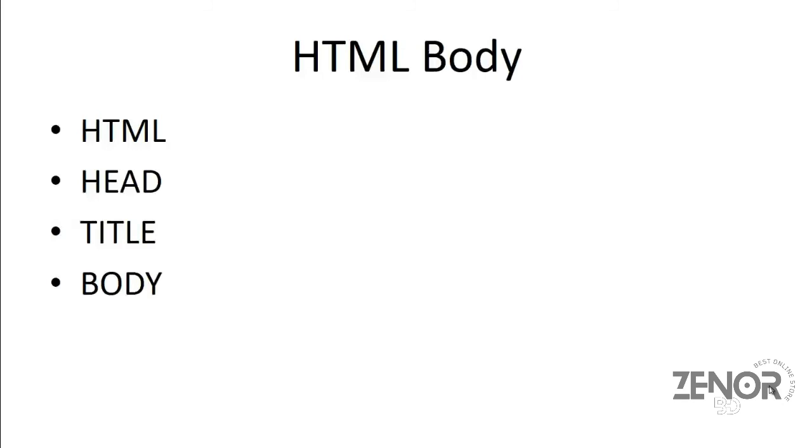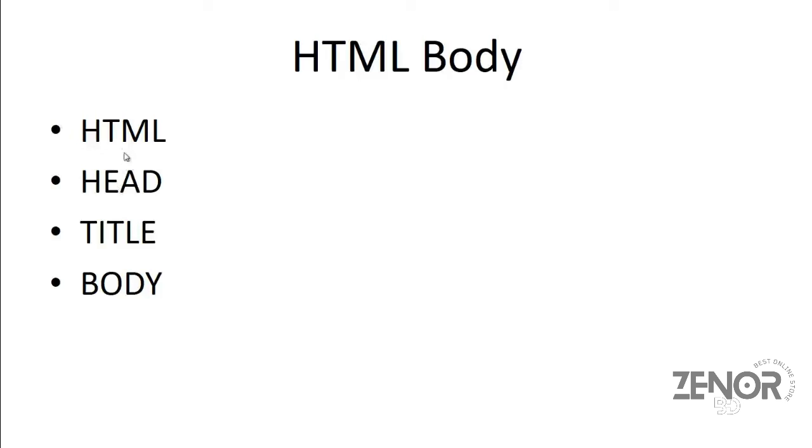Now, before I move on to video number 2, we are going to talk about the basic structure of an HTML page. Whenever you create a new HTML page, basically at the top you're going to have an HTML tag, and think about it as wrapping around everything. You have the HTML, and then right underneath it you have the head.